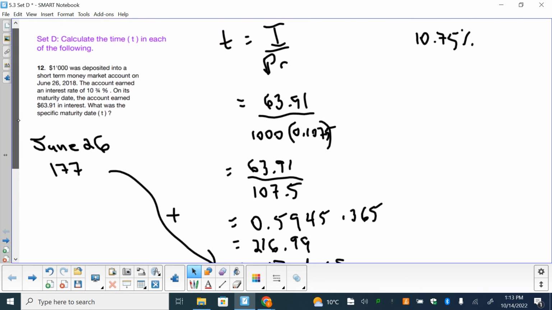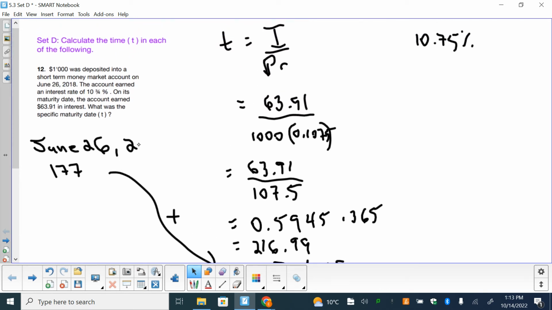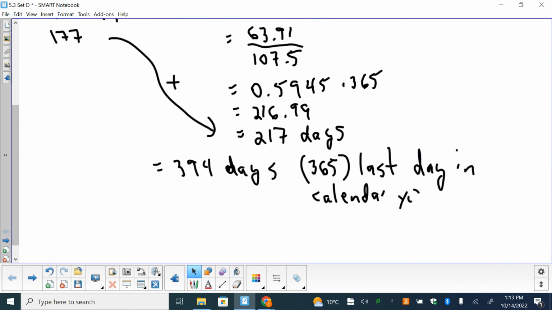So the calendar year was 2018. So that means I'm going to go into 2019. So wait a minute. I'm going to take 394 and I'm going to subtract 365 from it.